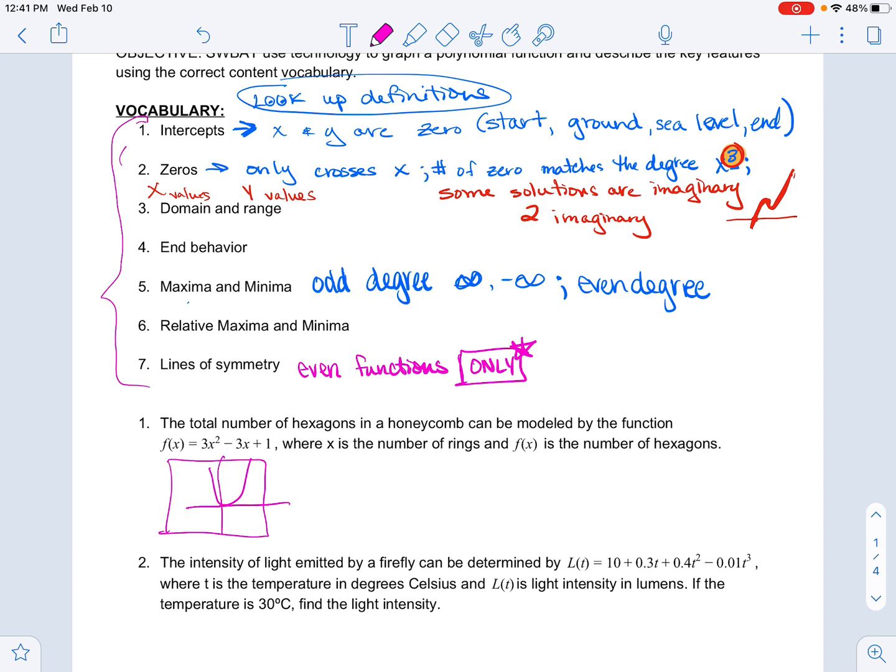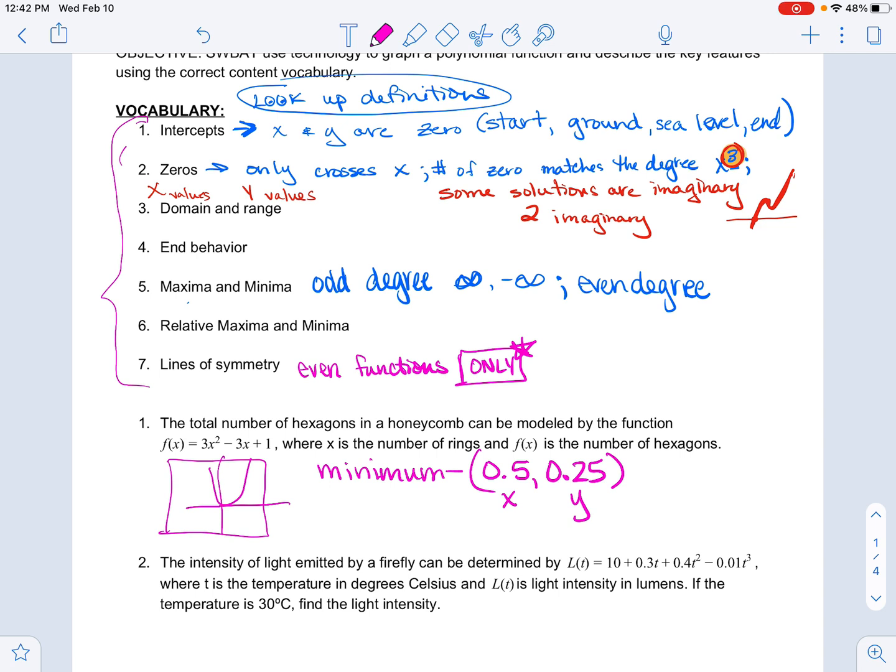So you should recognize that the minimum on this, the minima, is going to be, when you graph this, you can find the dot. It is at 0.5 and 0.25. So x is the number of rings, and y is the number of hexagons.